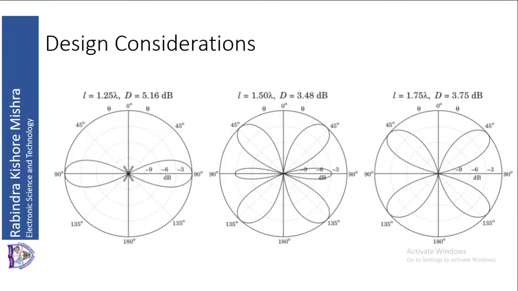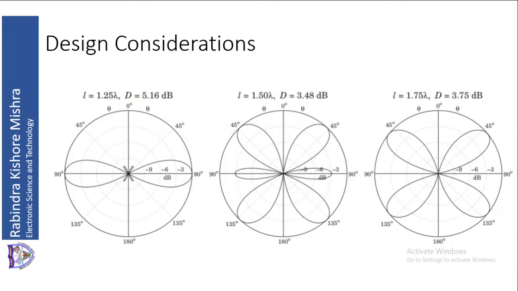So going beyond 1.25 lambda is not advisable if you require a figure of 8 radiation pattern. We do not require L to be more than 1.25.